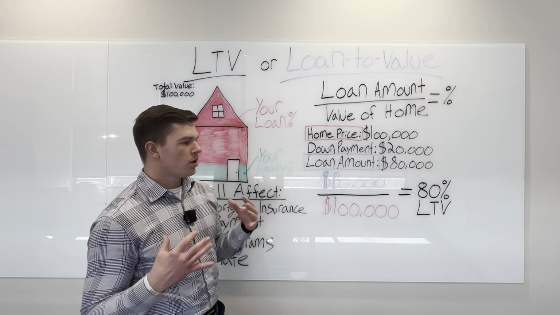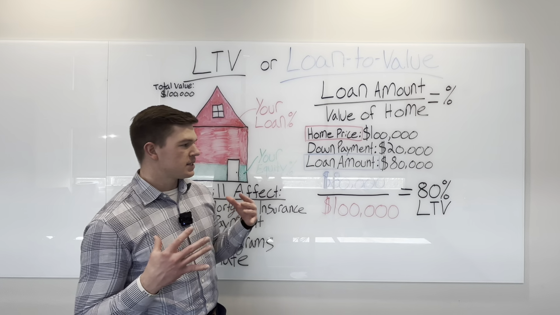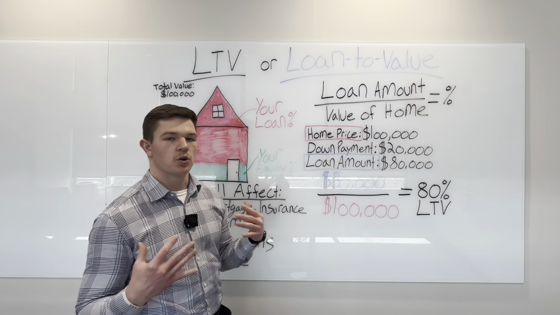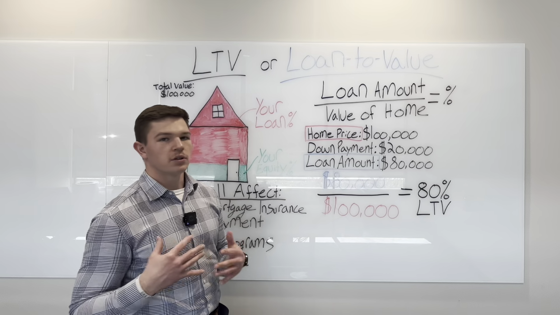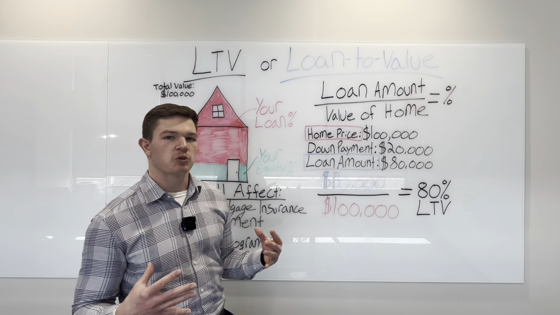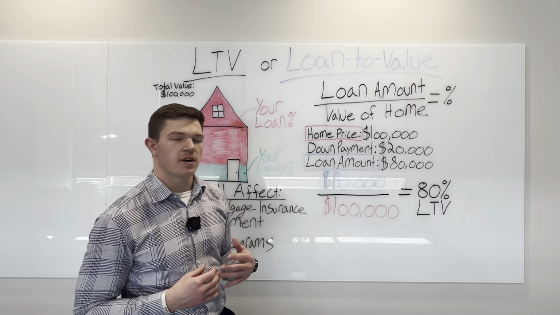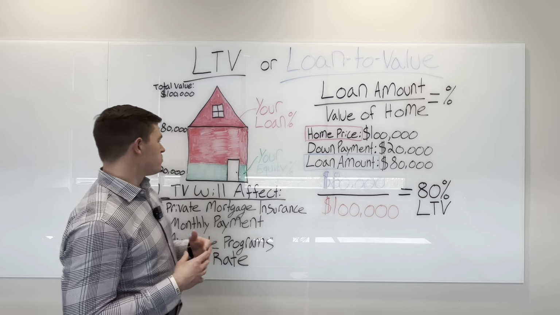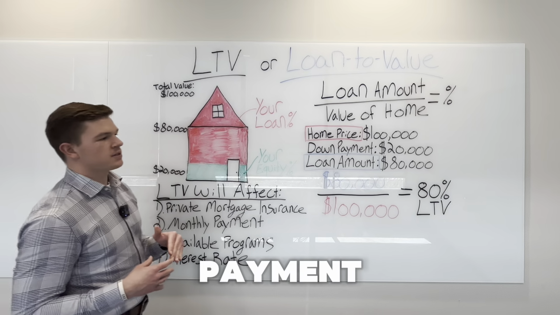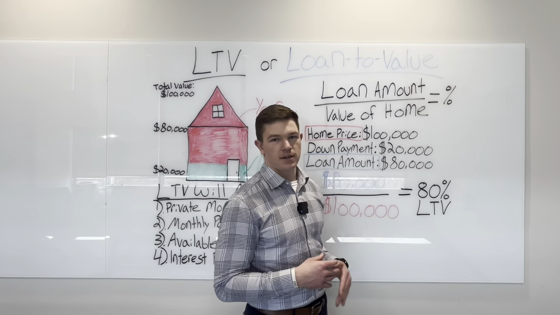So, long story short, this is the amount of loan you're going to need, right? And if you're looking at this from a down payment perspective, your loan to value is just the inverse of the down payment. So if you make a 20% down payment, the loan to value is 80%.